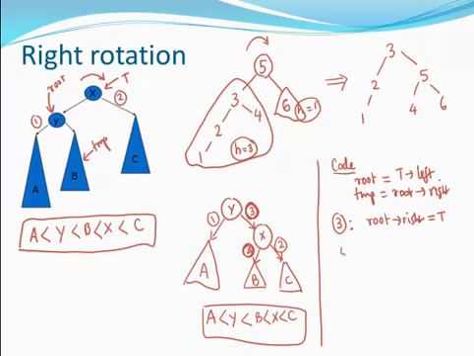Then number 4 says that the left child of the old root, X, which is t, must be equal to the temp, which happened to be the right child of Y. And now we must return the root.